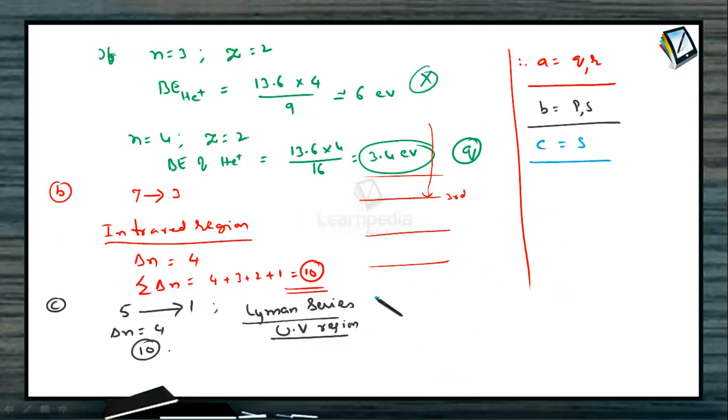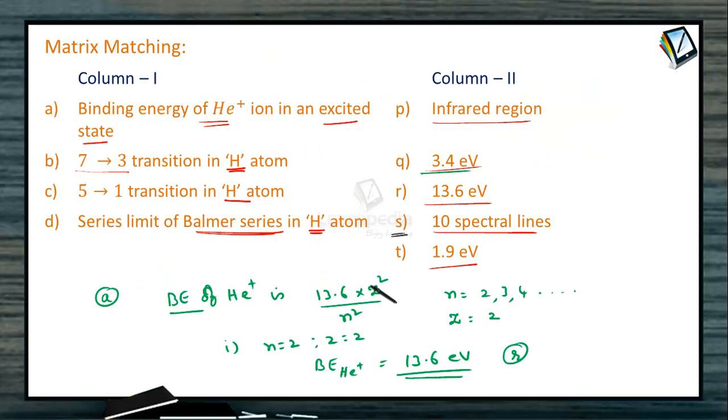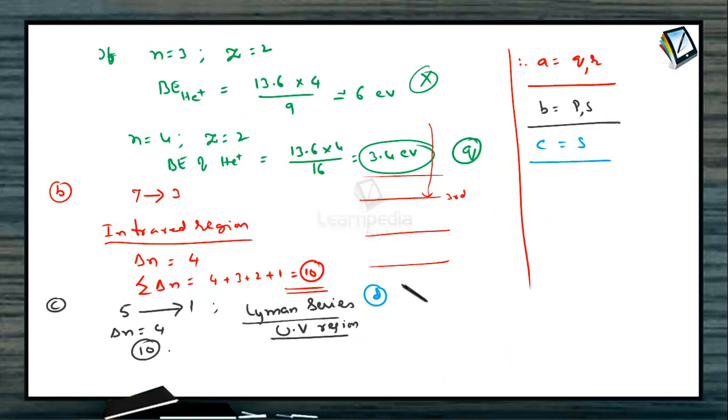Then what about option D? D corresponds to the series limit of Balmer series in hydrogen atom. In Balmer series N1 is equal to 2, and for the series limit, N2 should be infinity; for the smallest one, N2 is 3.